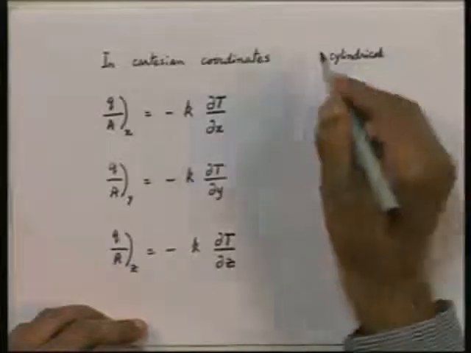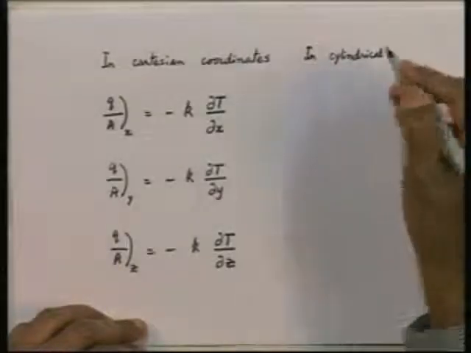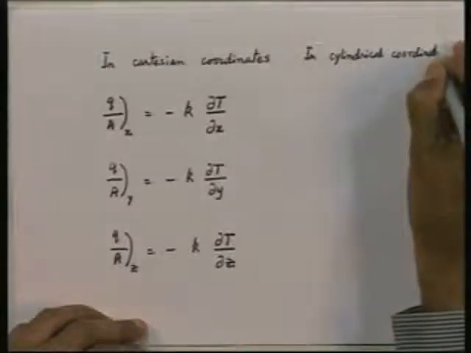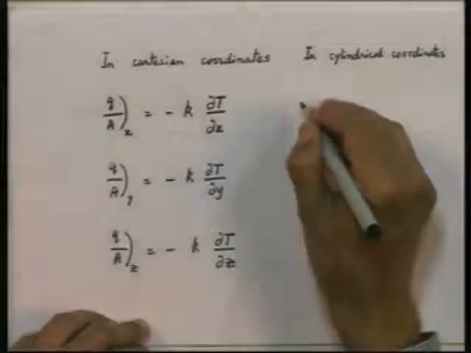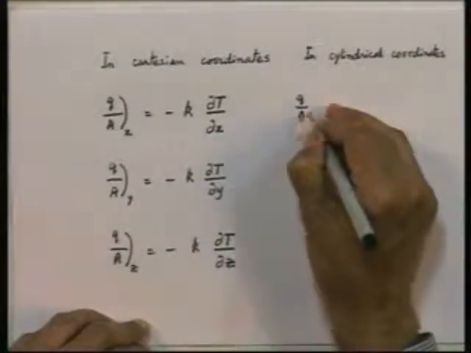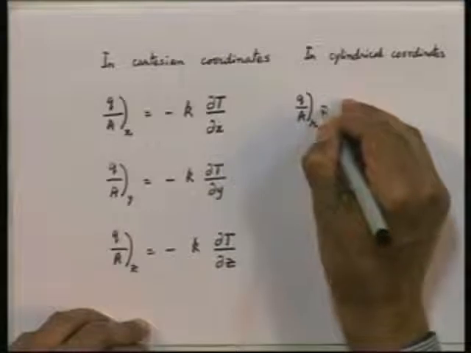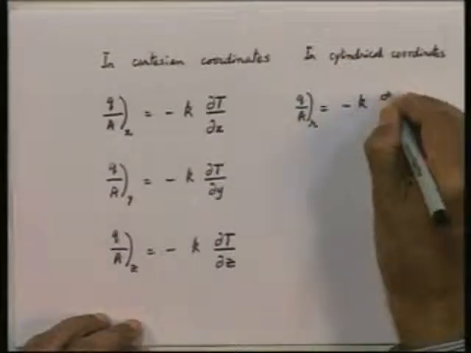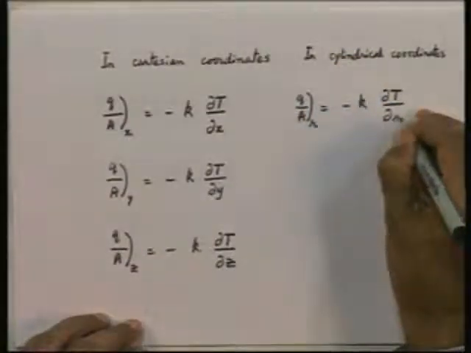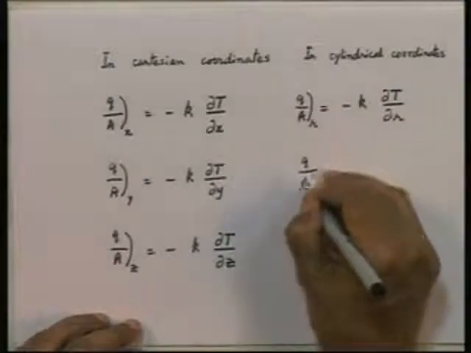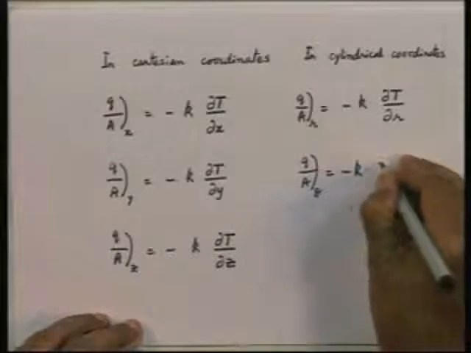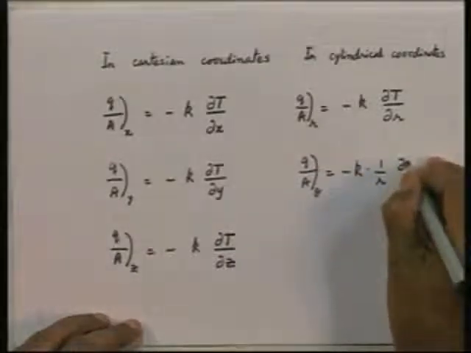In cylindrical coordinates, the statement of Fourier's law would be, cylindrical coordinates are r, theta, z, Q by A in the r direction is equal to minus K dT dr, the radial direction, Q by A in the theta direction is equal to minus K into 1 by r dT d theta.